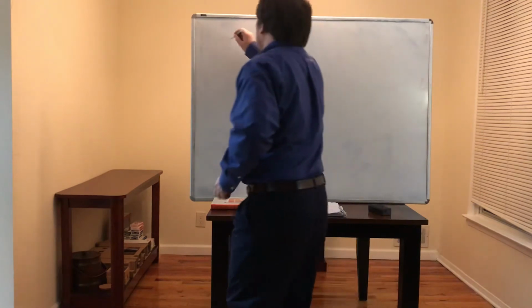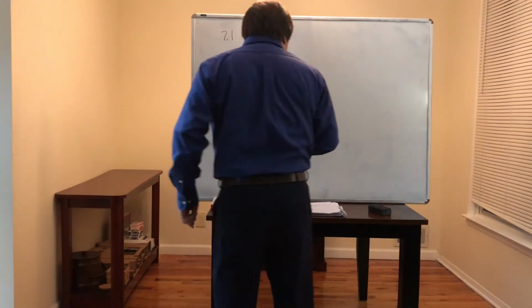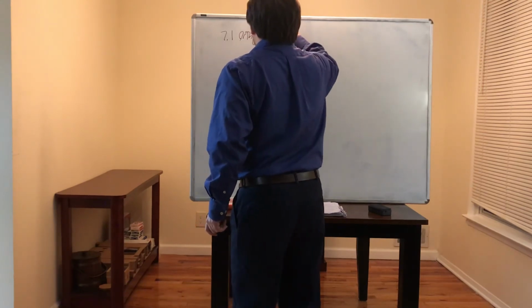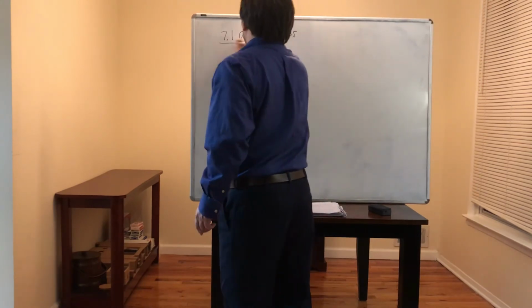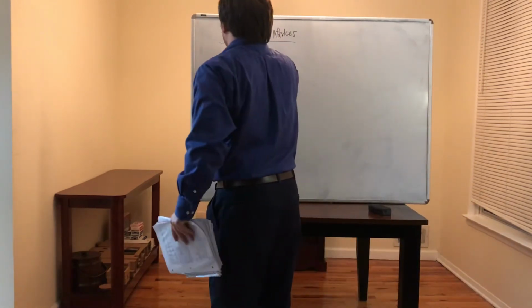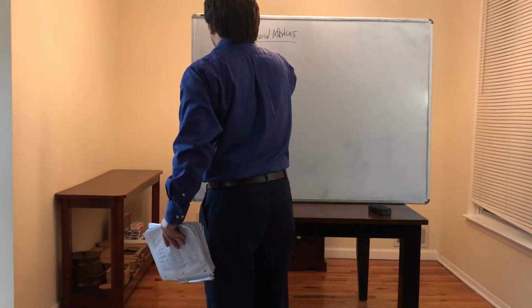So 7.1 is orthogonal matrices. We're going to start off with the definition of an orthogonal matrix.